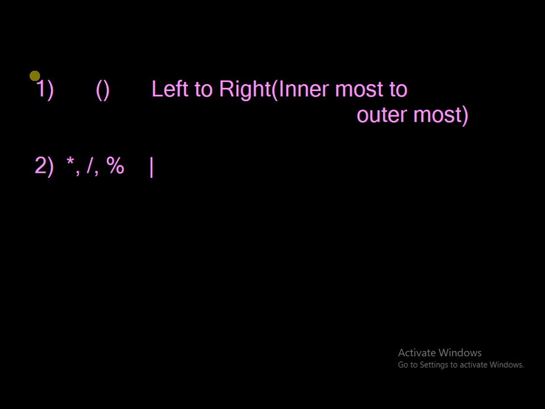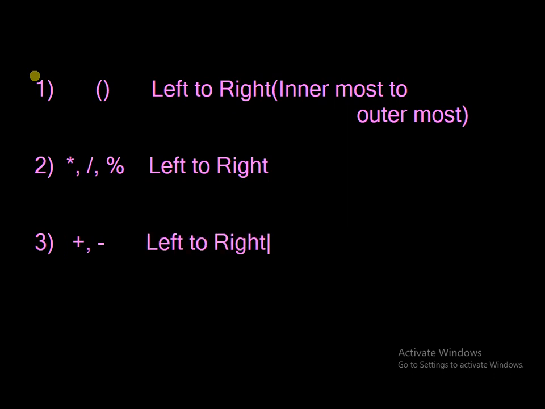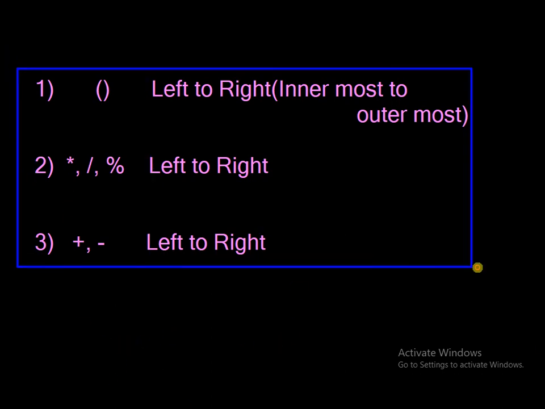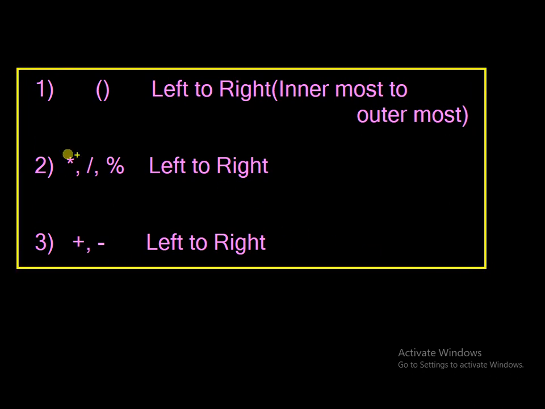In these three, whichever comes first from left to right, that order is executed. Third category, addition, subtraction. In these two, whichever comes first from left to right, that order is executed. It is called operator precedence.